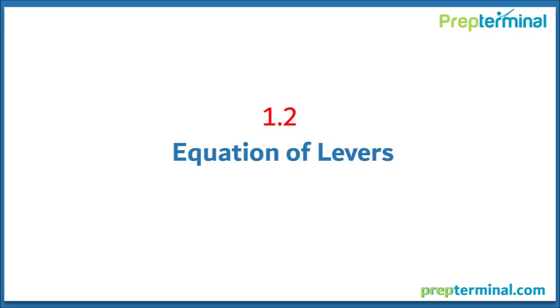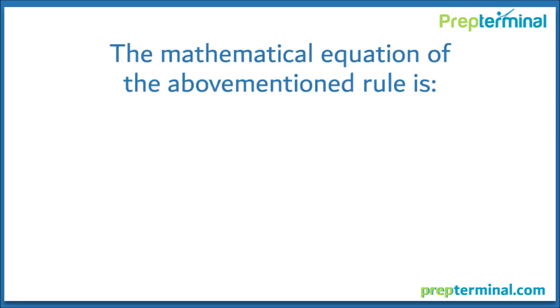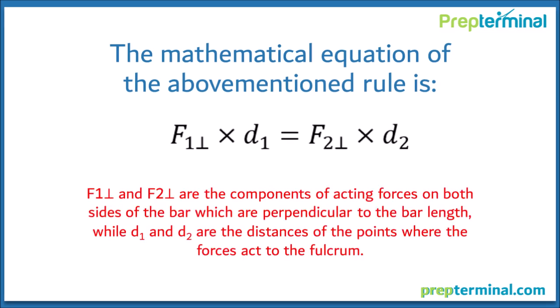1.2. Equation of levers. The mathematical equation of the above-mentioned rule is F1 perpendicular times D1 equals F2 perpendicular times D2, where F1 perpendicular and F2 perpendicular are the components of acting forces on both sides of the bar which are perpendicular to the bar length, while D1 and D2 are the distances of the points where the forces act to the fulcrum.